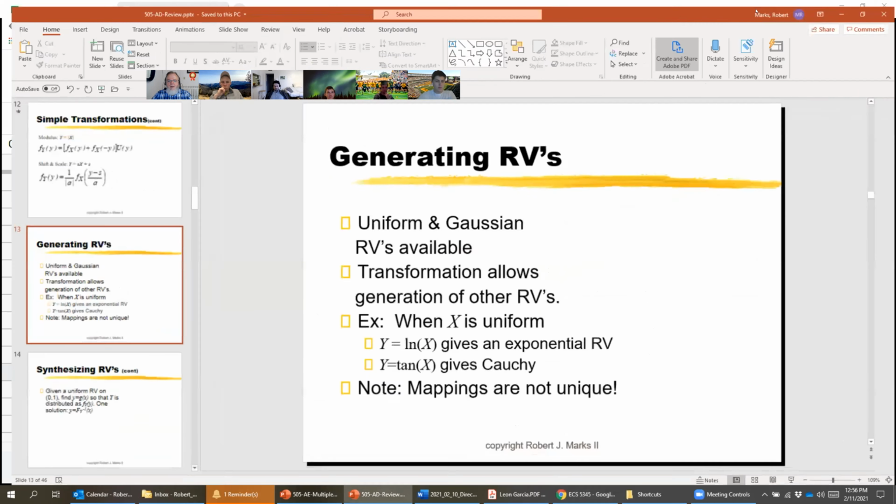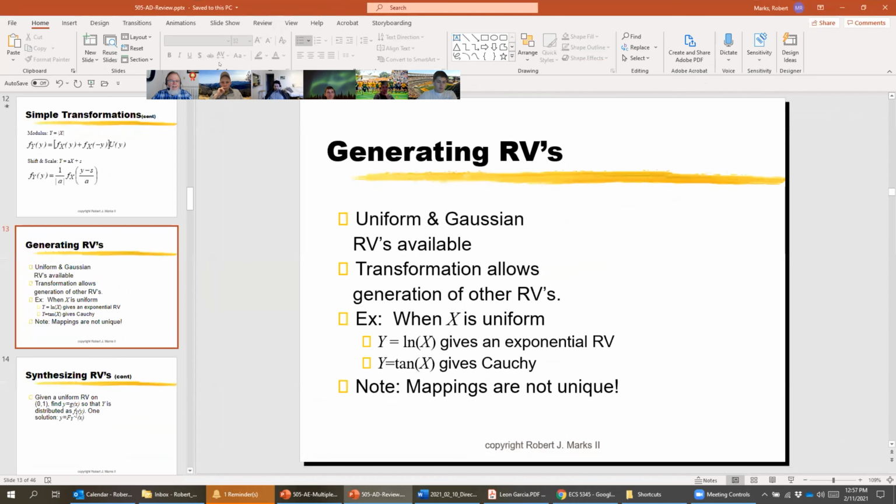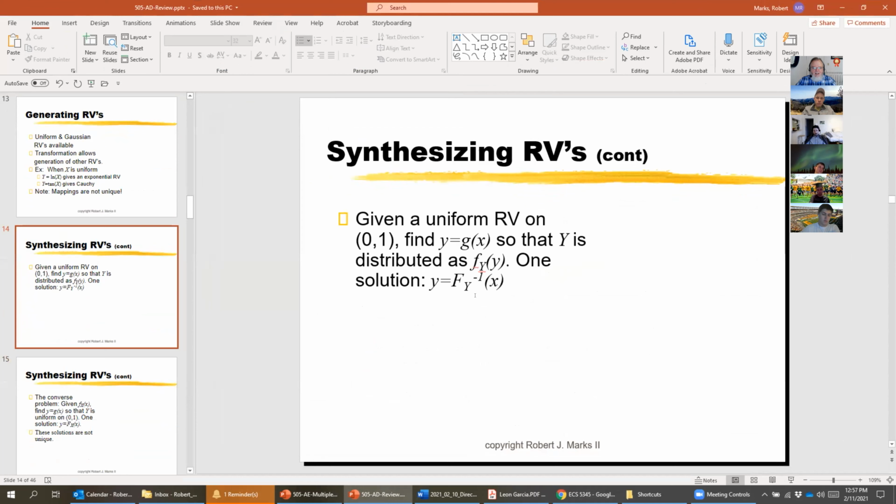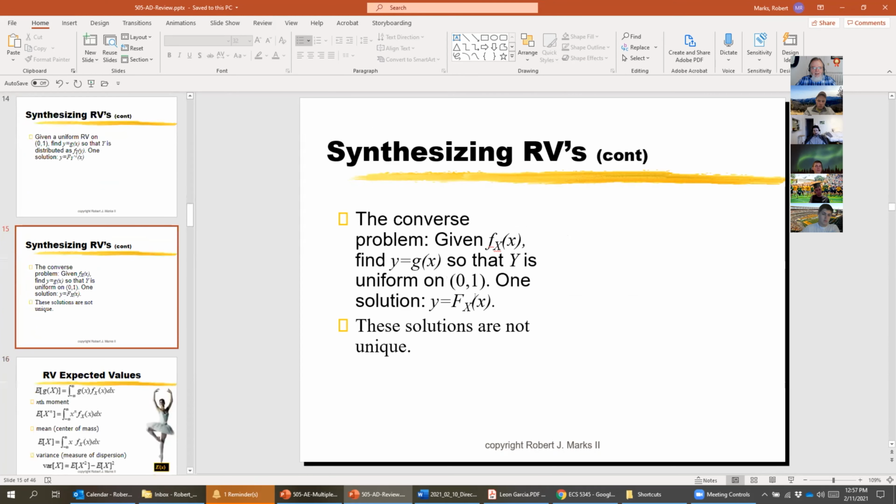So this is kind of where we stopped last time, is generating random variables. And this is the synthesis of random variables: if we want to take something and make it a uniform, or if we want to take a uniform and make it into an arbitrary distribution, then we use these results.